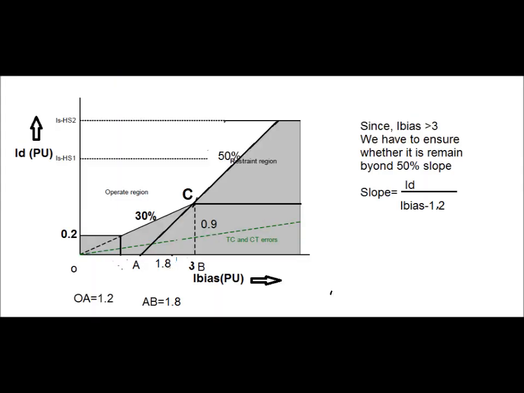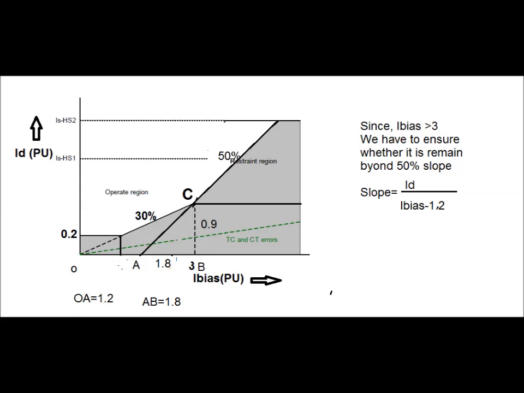For the 50% region we have to calculate the points AB and OA to calculate the actual slope. For the 50% region the slope must be ID by I bias minus 1.2 greater than 0.5 for the relay to trip.